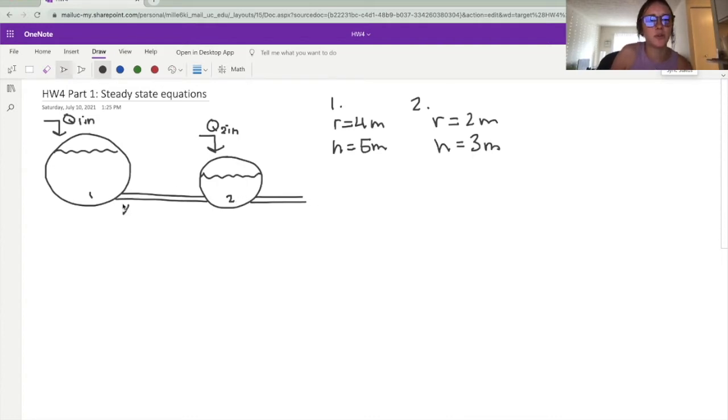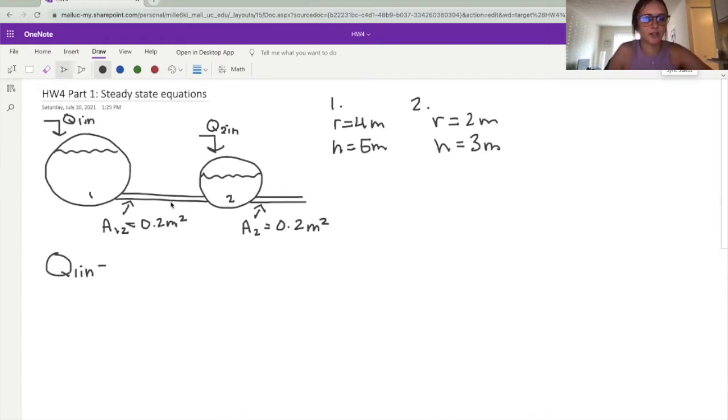The areas of these pipes are going to be the same. We are going to call this one A12, and it is 0.2 meters squared. The second one we are going to call A2, and it's also 0.2 meters squared. What we want to do is set up Q12, the flow between these two tanks.